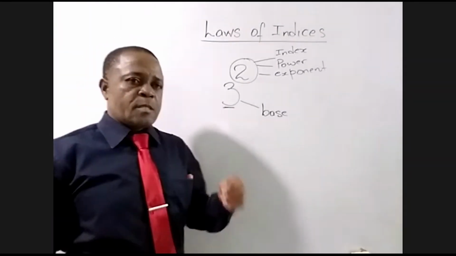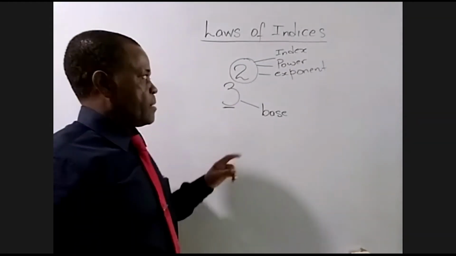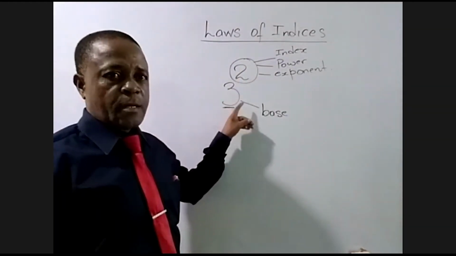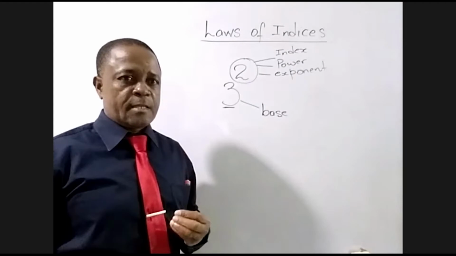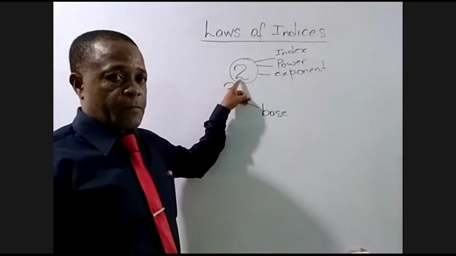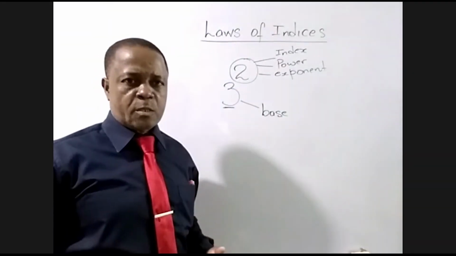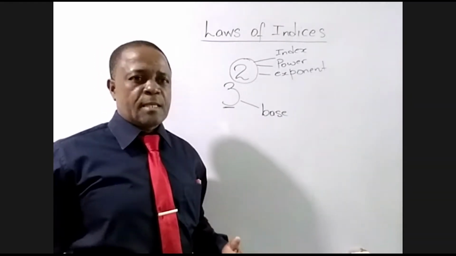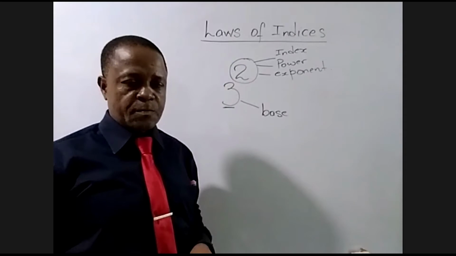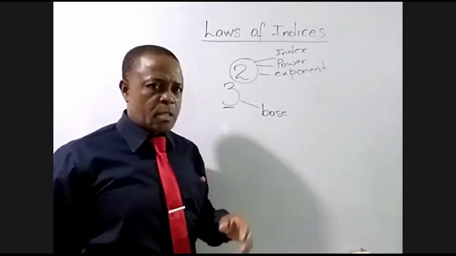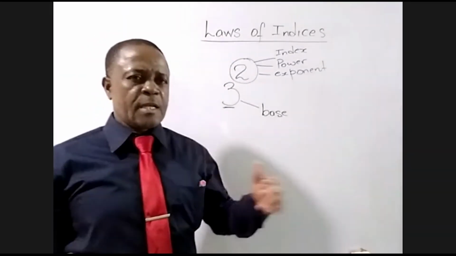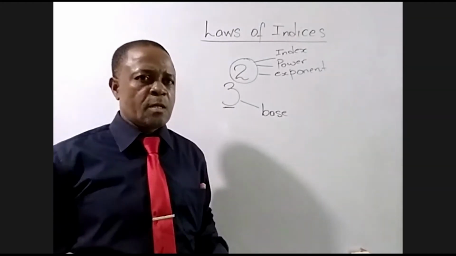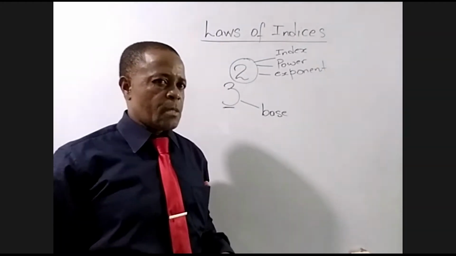Now, students, every single time you see a number written in this way, what I want you to understand is that this little power here is always telling you something. Now, what is it that this power is telling you? I want you to take out your notebook, because I will be telling you some things and I want you to just jot them down. All right?